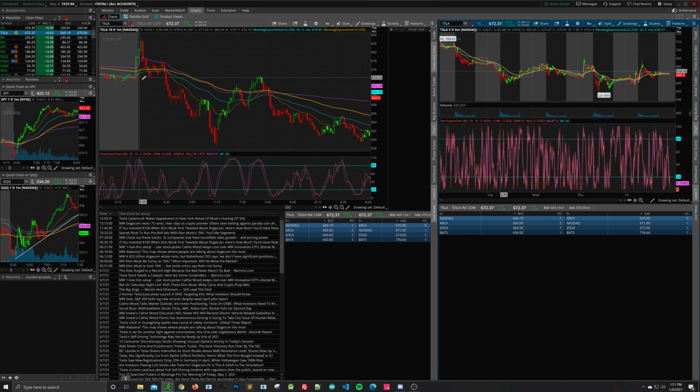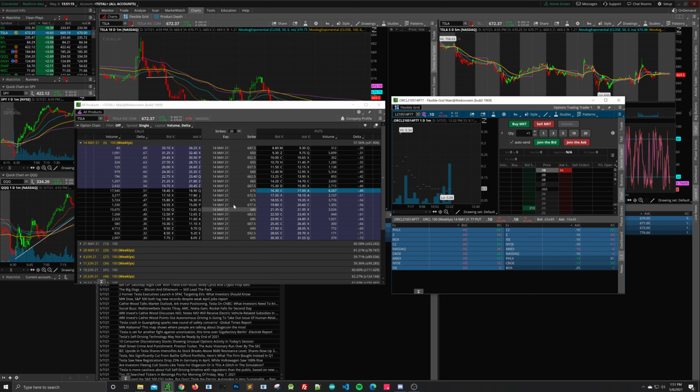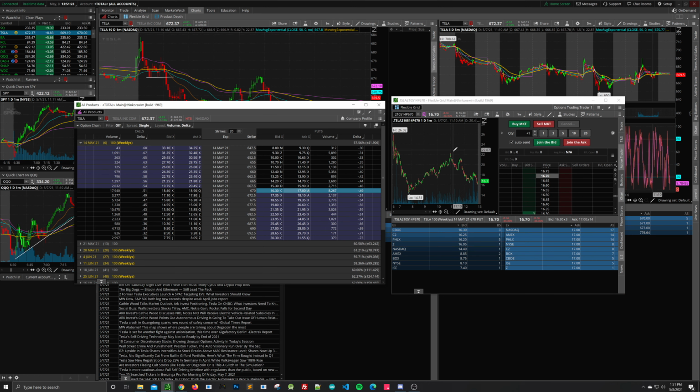So let's pretend these two are on my second monitor, and now I'm looking at the charts. I want to trade Tesla. Tesla looks good to the put side, so I want to enter into some puts here. So let's go over to my second monitor, have the option chain up, and I like the contract right here because it has 8,000 volume. So I'll right click, send to lilac with the number 9, and now I could just hit the buy and the sell button.